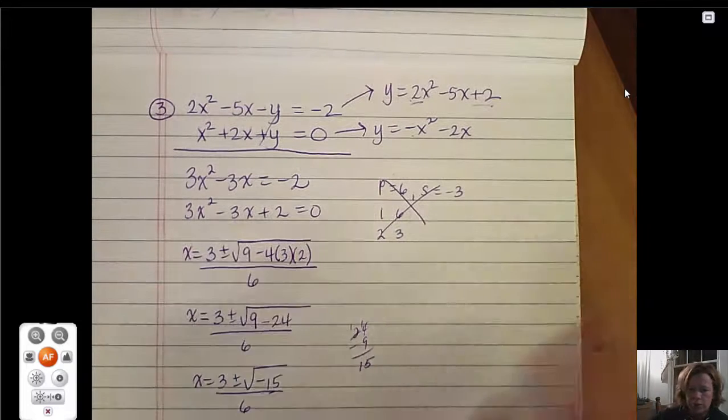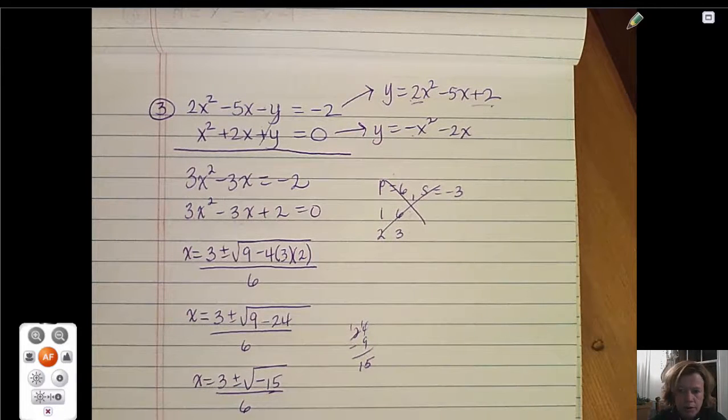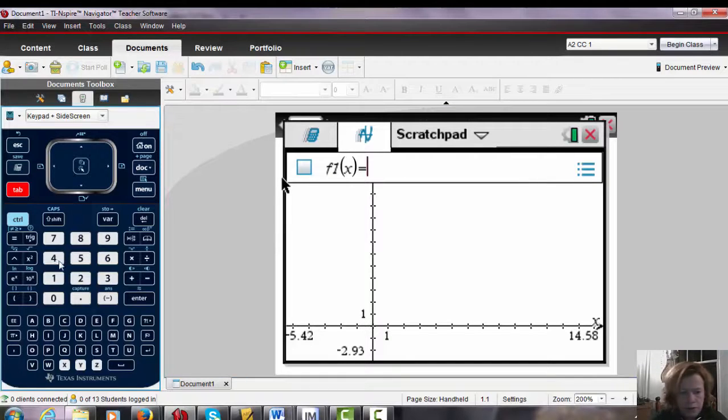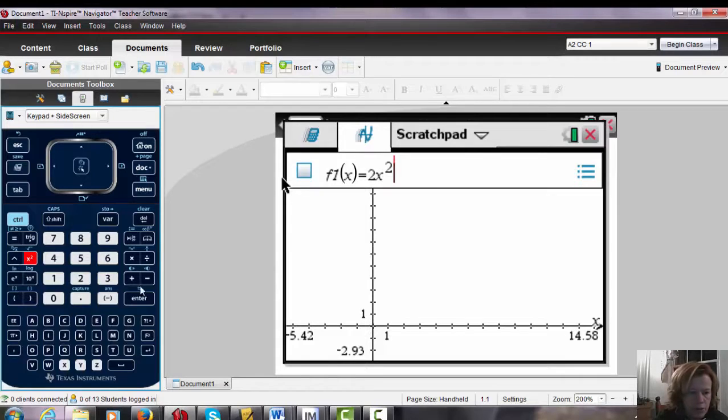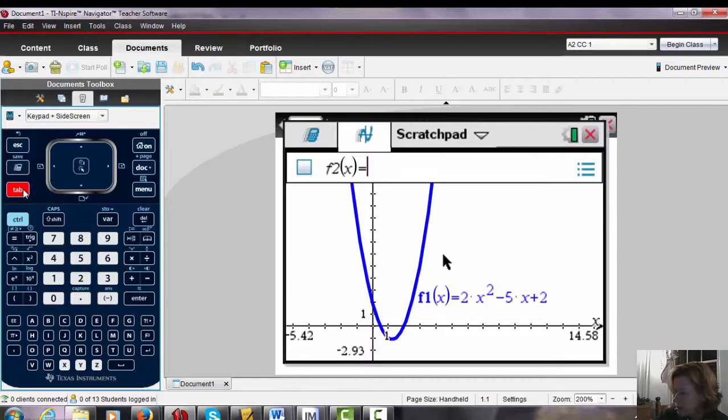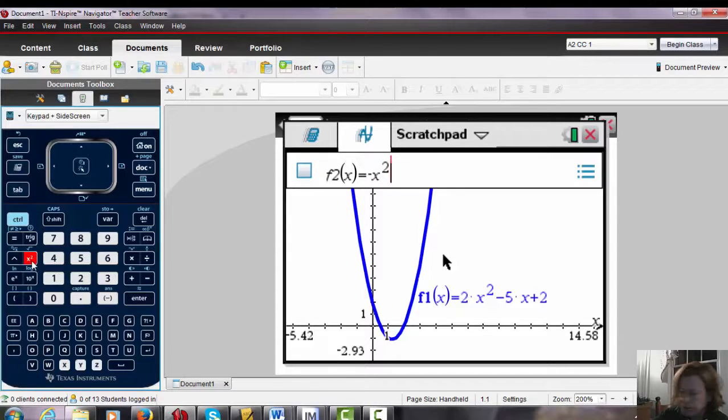Let's see if they intersect, or if our algebra is bad. First graph, once I've got y alone, is 2x squared minus 5x plus 2. And the second graph is negative x squared minus 2x.